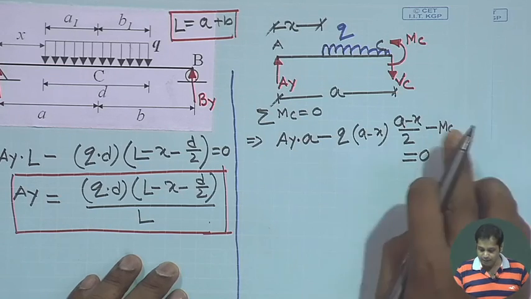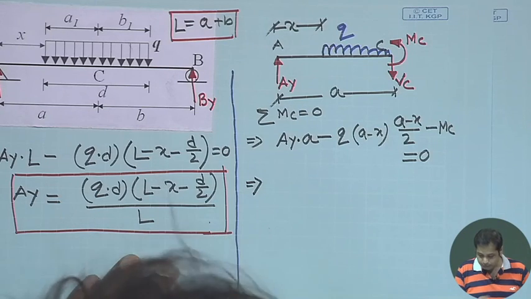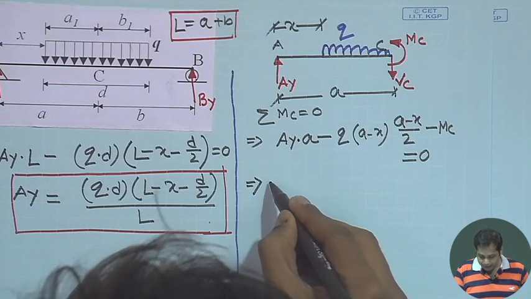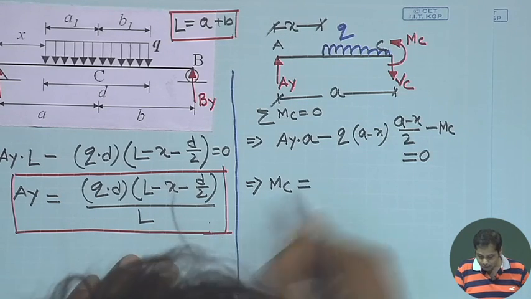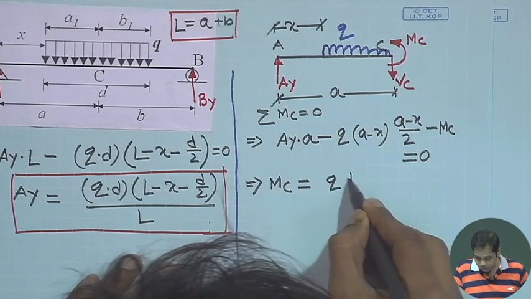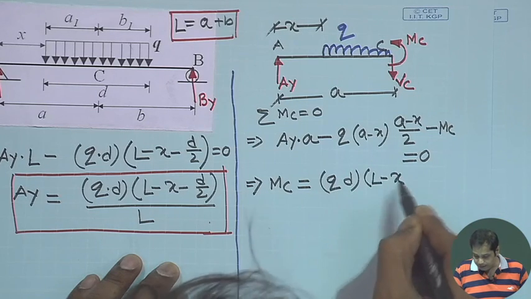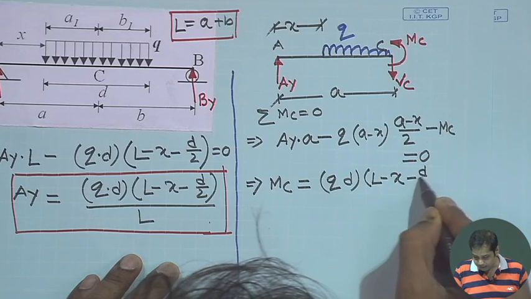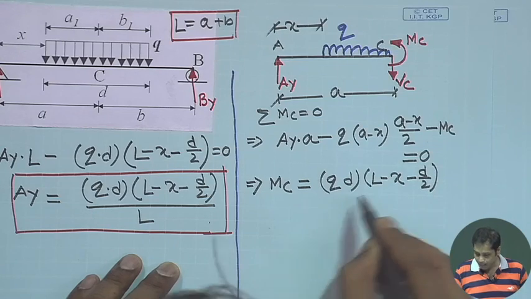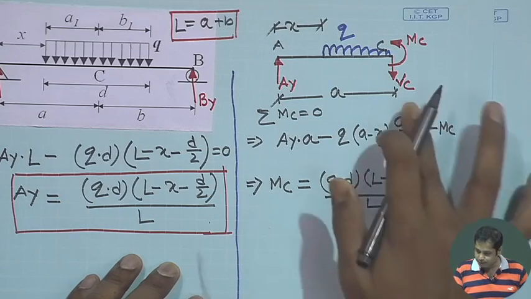MC is again minus because it is anti-clockwise. Now, this gives us MC is equal to QD (L minus X minus D by 2) by L, minus this part.